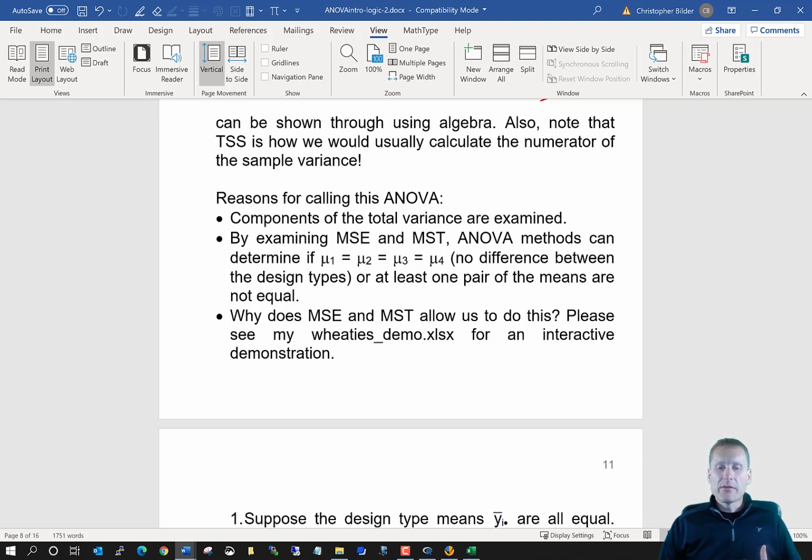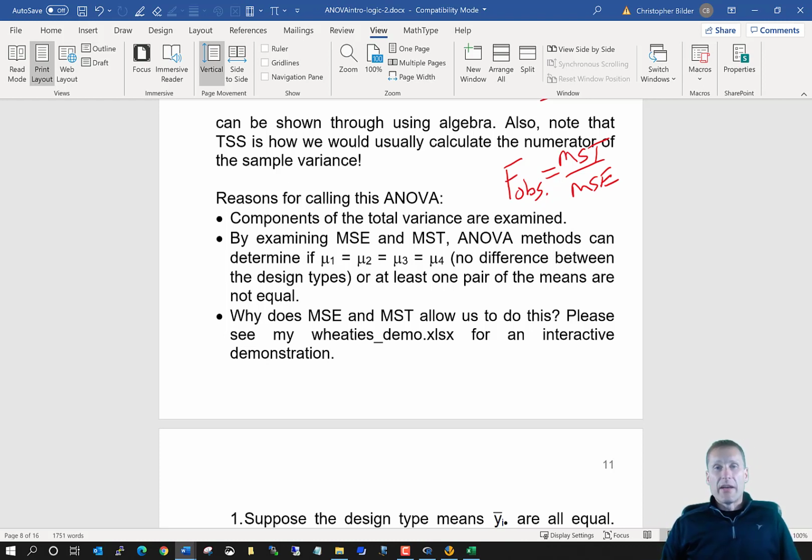And by examining MSE and MST, ANOVA methods can be used to determine if all the means are equal or at least one pair is not. And what we're actually going to do is this. We're going to calculate a statistic, which we're going to call F sub obs. This is essentially going to be our test statistic. I'll explain why it's called that later. Obs corresponds to observed value. What we're going to do is compare these two measures of variation by taking their ratio.